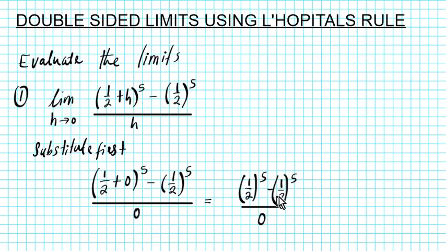We're subtracting identical numbers on the top, so we're going to have 0 over 0. 0 over 0 is known as the indeterminate form. So that means we cannot figure out the limit using this form that we have right here.